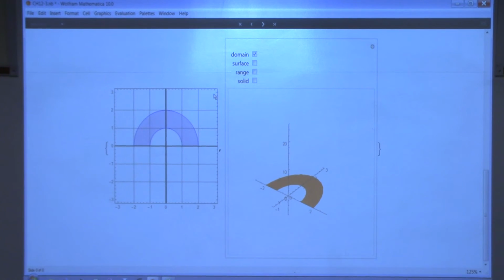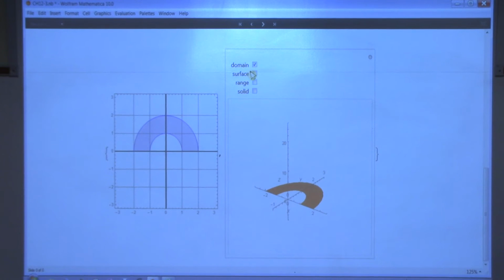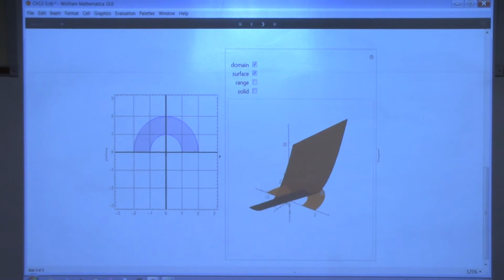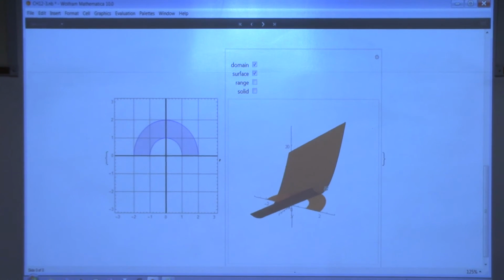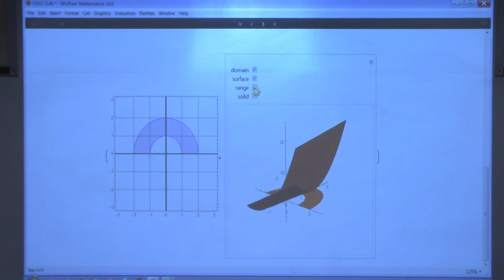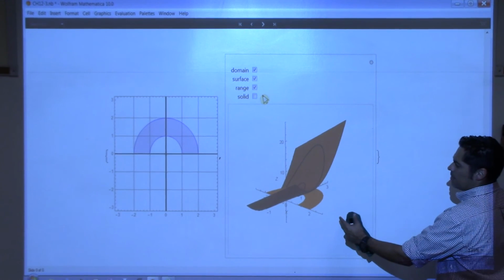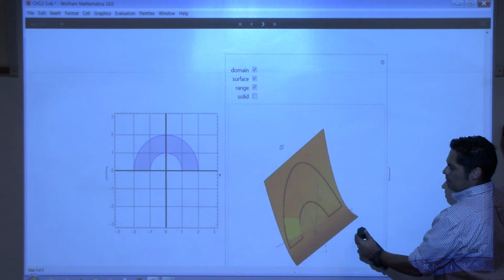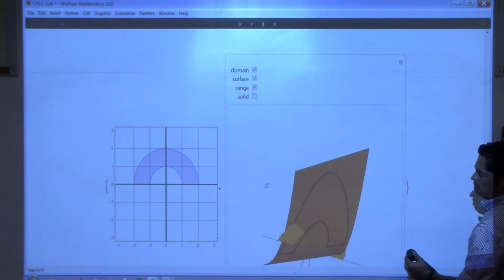Here's what we did, by the way, just so you can see. Here's our integration region in three-dimensional space. Here's the surface that we were integrating. And just that region plugged into the surface gave us this.